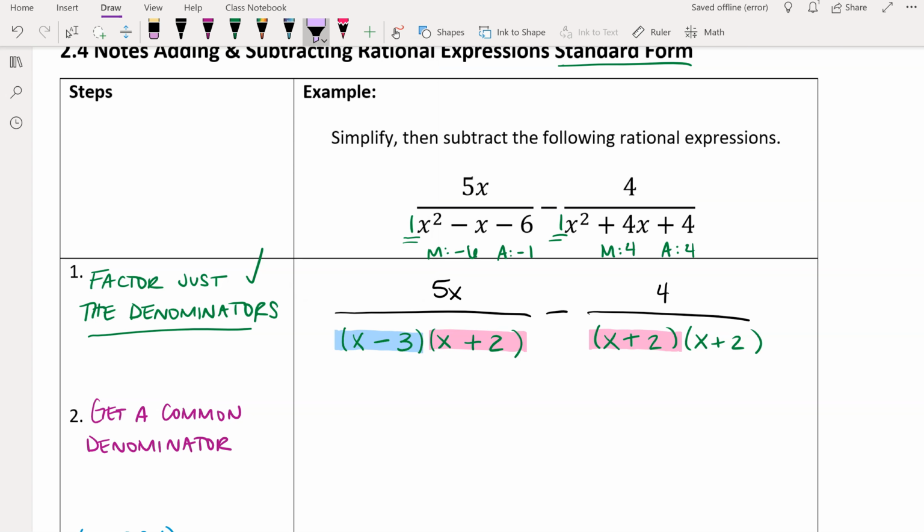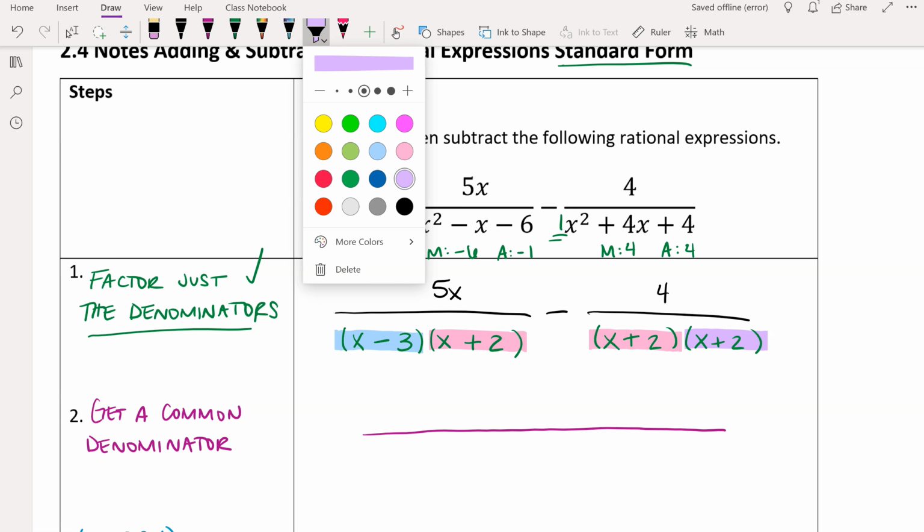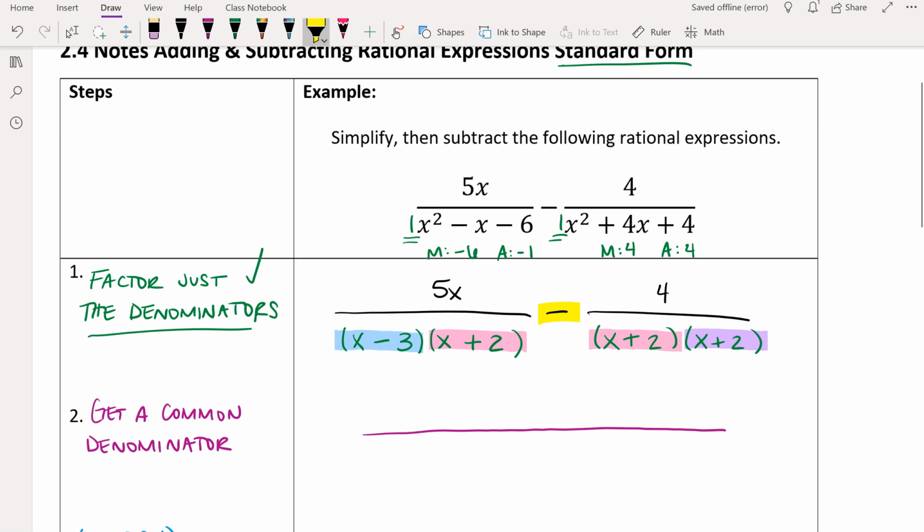But then we have a third x plus 2. Y'all, when you break the pair, when it's not in pairs, you actually need an extra. So we need one of each color, one of each factor that are represented by colors here in our common denominator. So let's go ahead and write our common denominator. I'm going to put everything underneath one denominator, and I need to make sure I remember to bring down my sign that's in the middle.